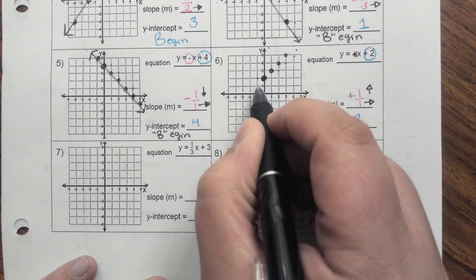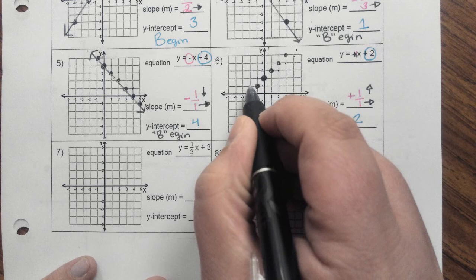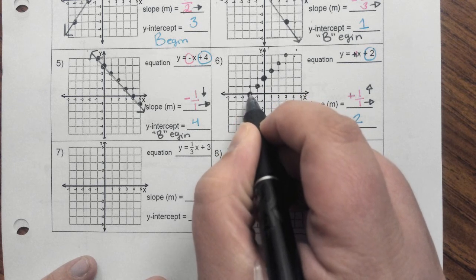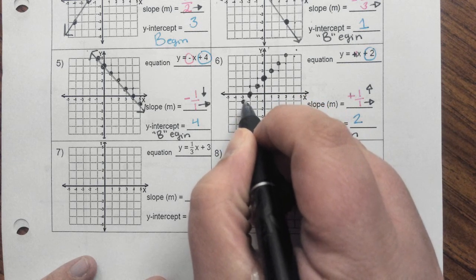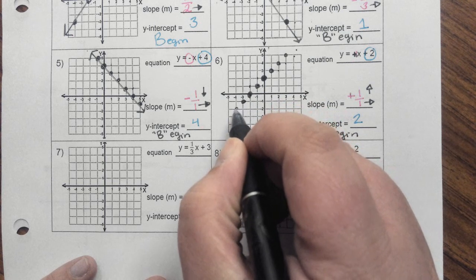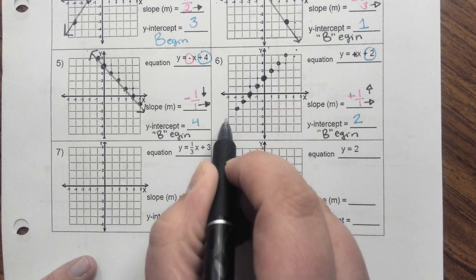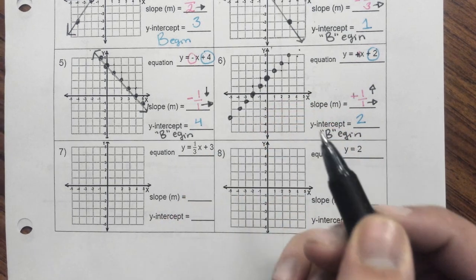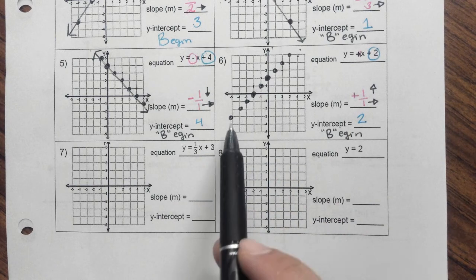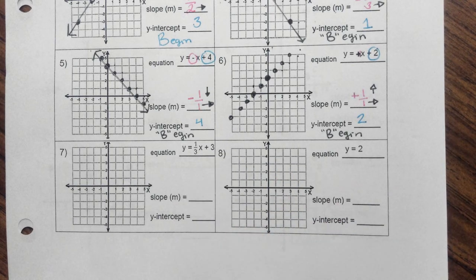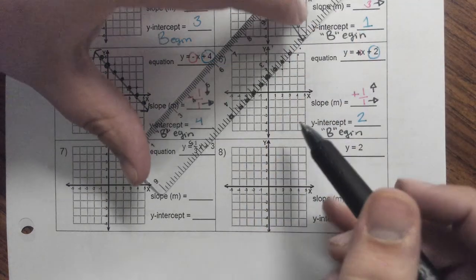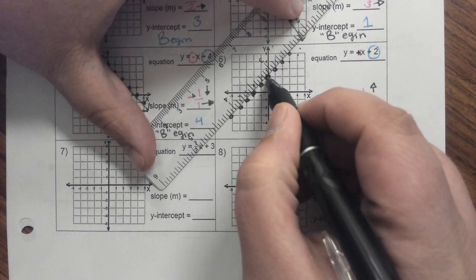Left 1, down 1, until I run out of room. If I go left again, I'll be off the graph, so I'm just going to connect these ordered pairs, these perfect points.